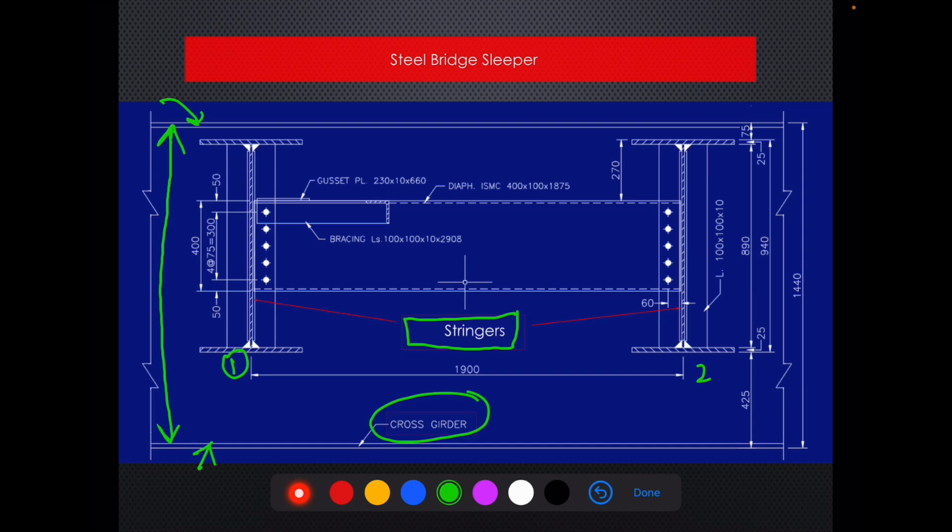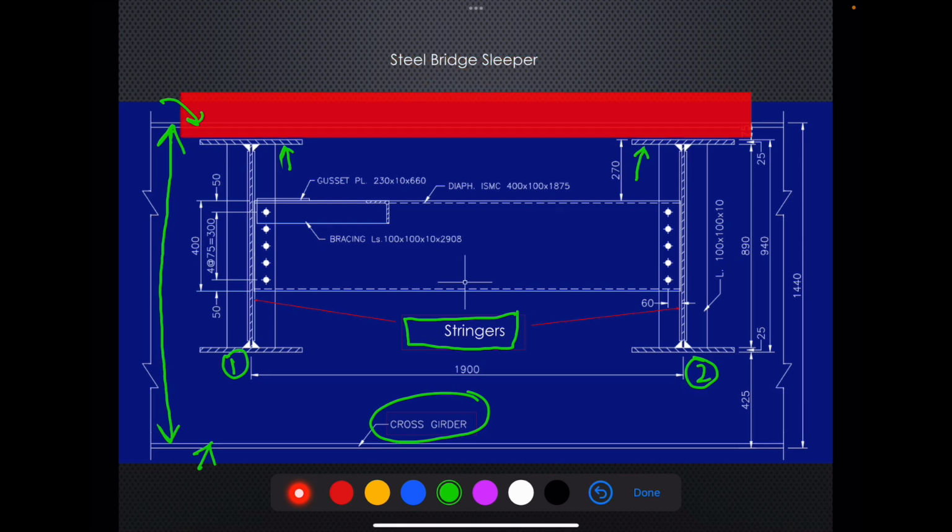This is second stringer, right? On the top flange, this is the top flange of the stringer, this is the top flange of the stringer. Steel bridge sleeper comes and sits like this. Okay, so this is how steel bridge sleeper is sitting on the top flange of the stringer.